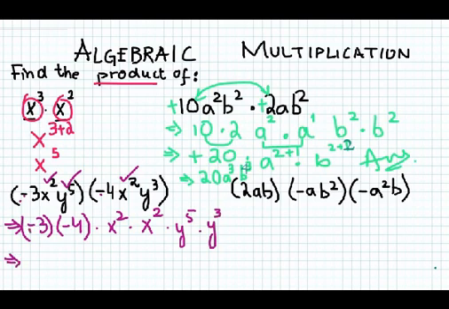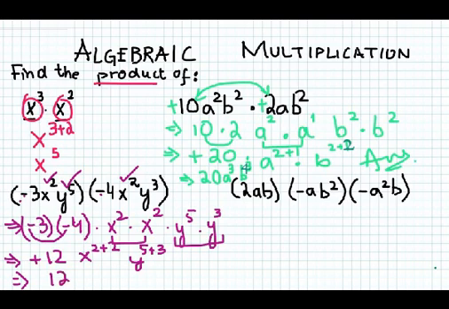Minus minus is plus. 4 into 3 is 12. We have the same variables, so powers would be added, so it would be 2 plus 2. And here the same base, so 5 plus 3. So it is 12 x to the 4 y to the 7.